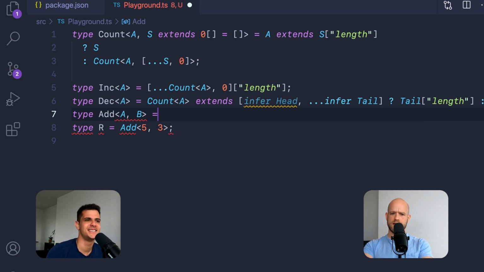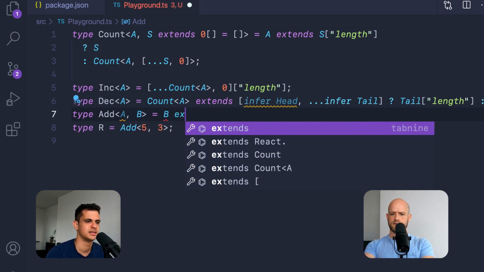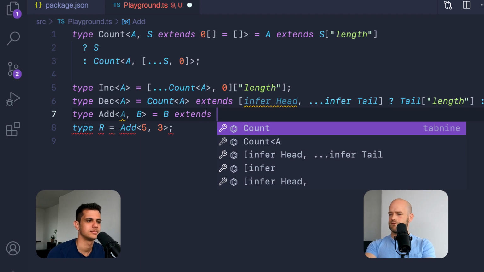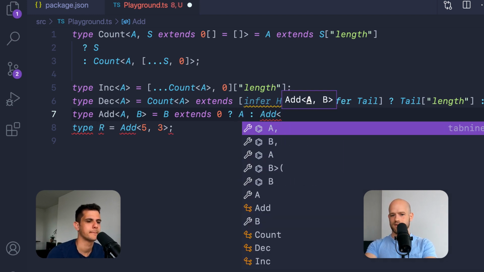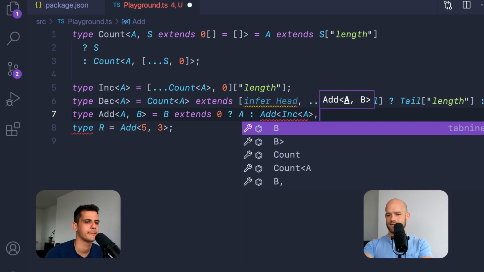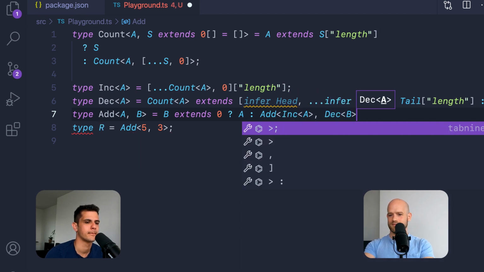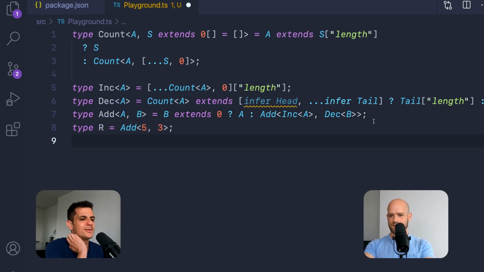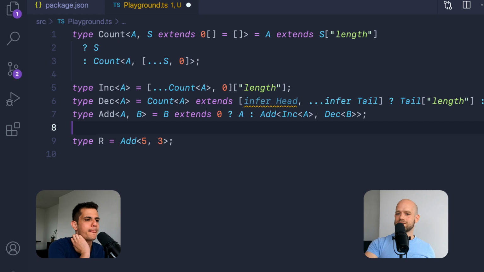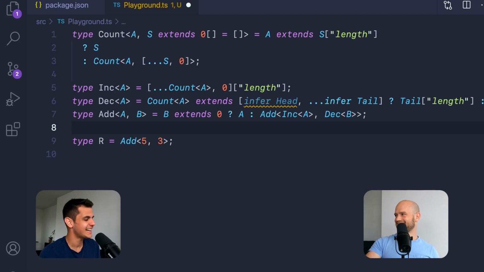Easier said than done. If B, we're going to decrement B every time and add to A. And as soon as B equals 0, we return A, which is the result. And if not, we add inc A, decrement B. Oh, that's 8. Wow. You have to get a bit creative with these solutions. That's why it's so addictive. I'm addicted. I get you now.